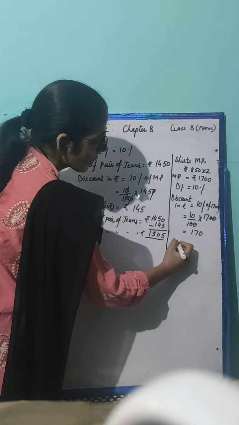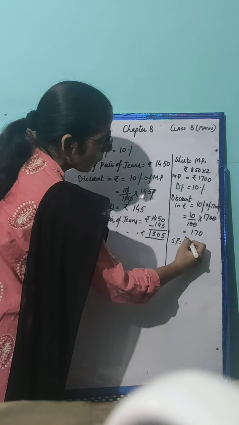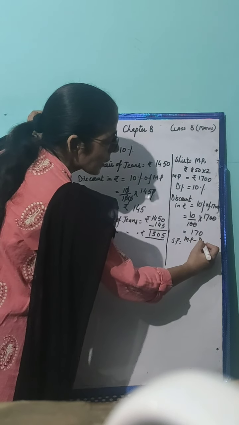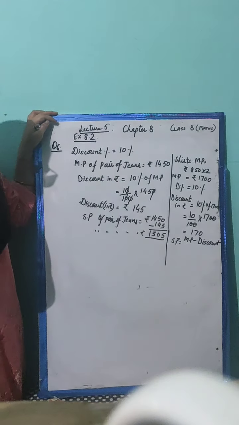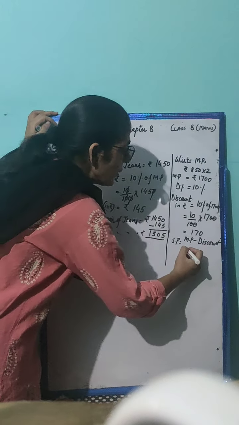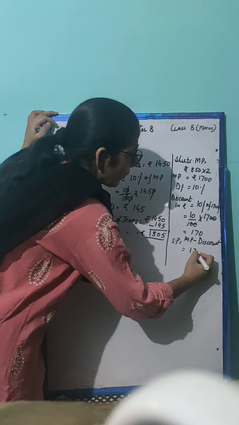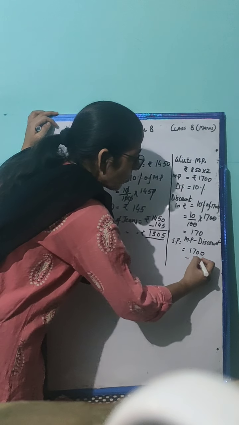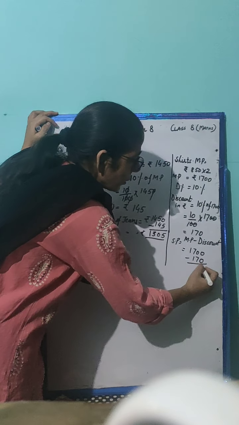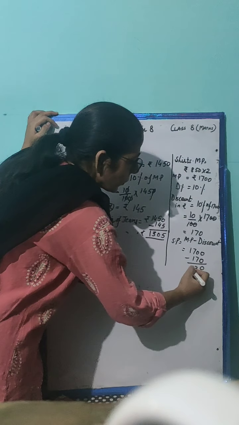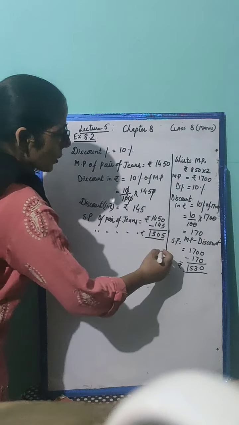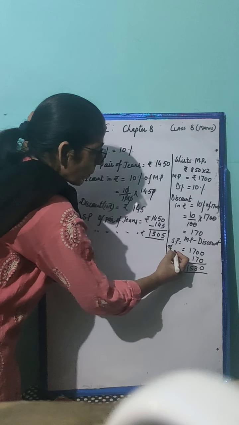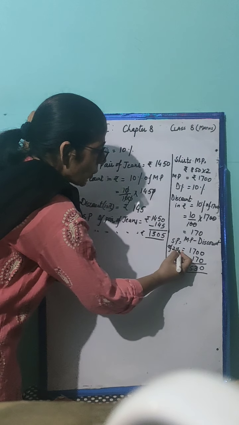So the selling price will be equal to the marked price minus the discount in rupees. We subtract the discount from the marked price, and that will be 1700 minus 170. This is rupees 1530. This is the selling price of 2 shirts.